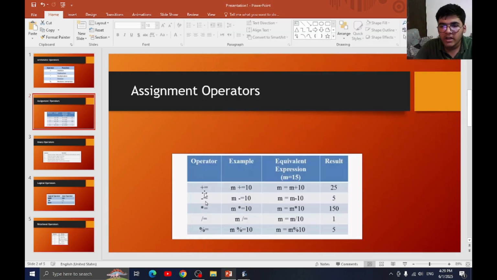And now what we have here are some complex assignment operators. If you see plus and equals to, we are combining them together. In the example you can see m plus equals to 10. You can either say m plus equals to 10, or what is synonymous to it is m is equals to m plus 10.